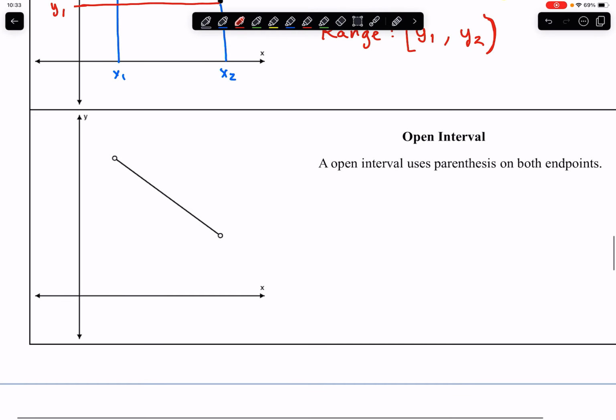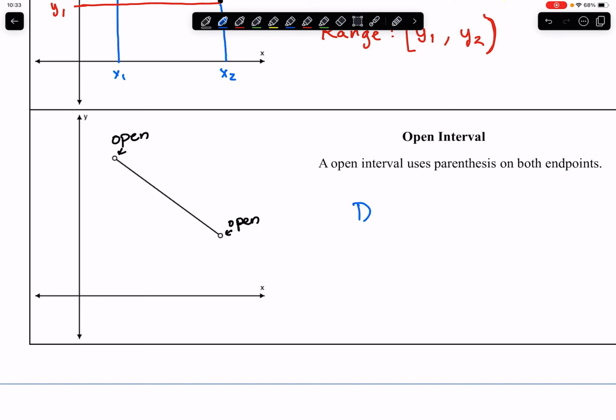And finally, the last example is an open interval. An open interval uses parentheses on both endpoints because both endpoints are open. So as you see here we have an open endpoint, and here we have another open endpoint.